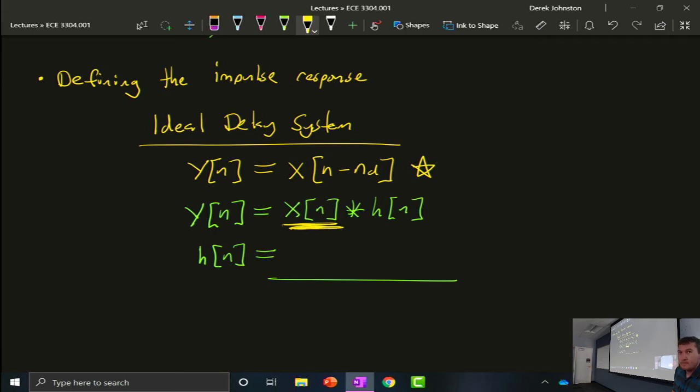Something to do with delta. Yeah, it is something to do with delta. You're absolutely right. See, the problem is now I've committed to this Socratic thing where I'm waiting for you guys to give me the answer. If I just give it to you now, then I'm doomed for the rest of the semester, right? So delta nd. Not delta n, but delta nd. You're so close.